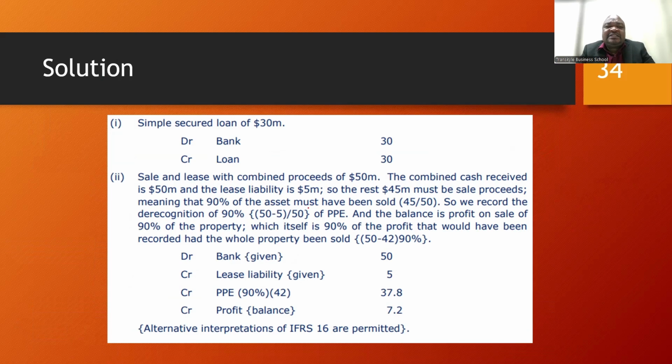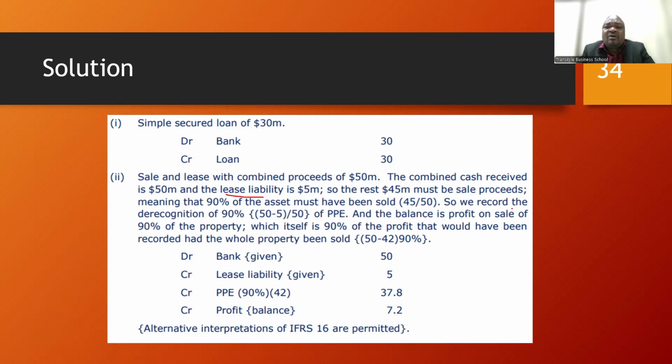Now, the combined cash received is 50 million, and the lease liability is 5 million. So the rest, 45 million, that is 50 minus 5, must be sale proceeds, meaning that 90% of the asset must have been sold. That's 45 over 50, which is 90%.